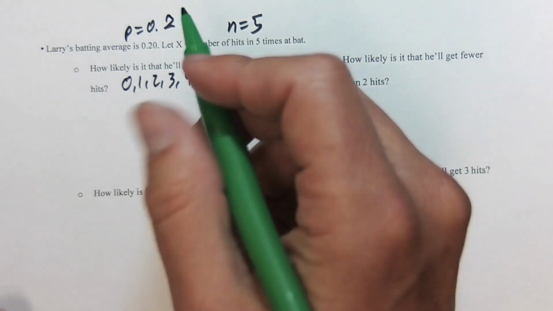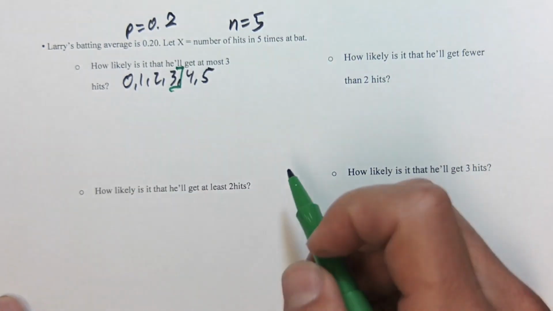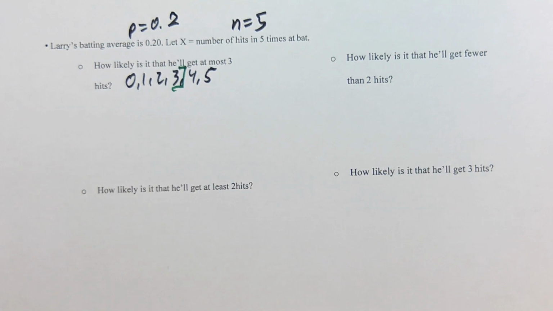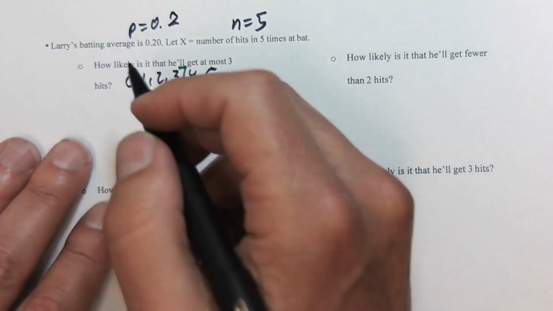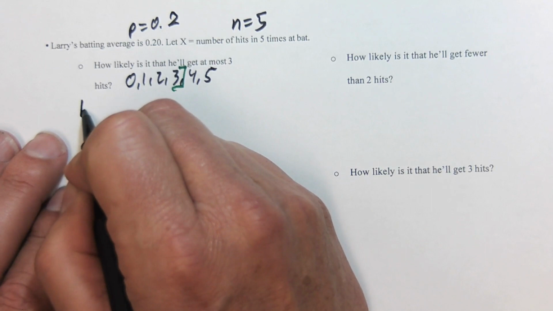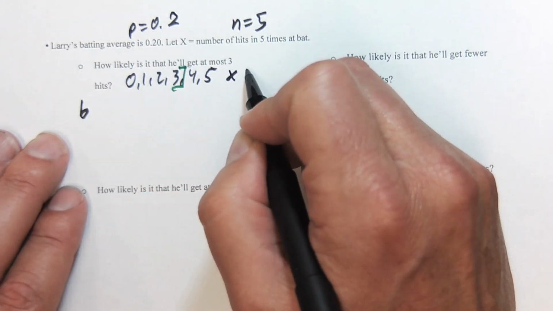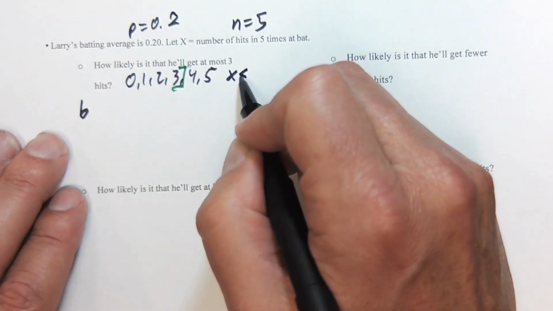At most 3 means that what we want is 3 and down. So this one's less than, so this is x is less than or equal to 3.